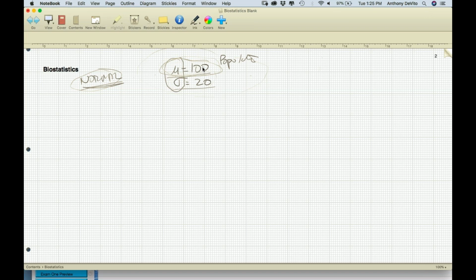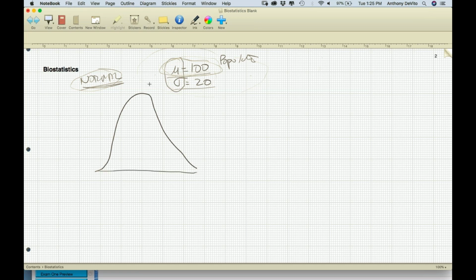So how do I go from here to what this population looks like in the way that it's distributed? More of these people are going to be closer to the mean, and fewer and fewer are going to be further away. We talked about a formula that represents the probability density for this population, and it winds up looking something like this.